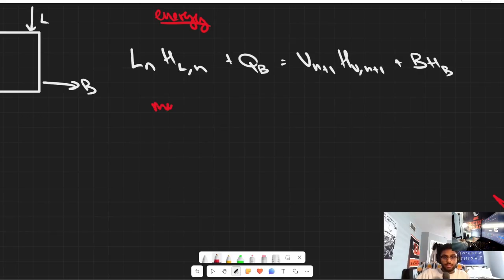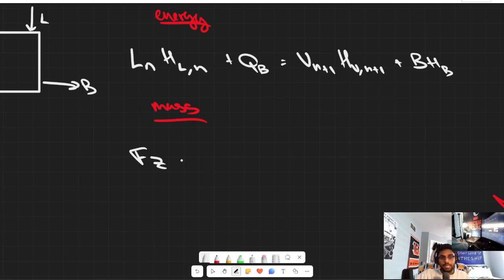The mass balance is very similar. This is going to be analogous to our energy balance, but remember that in that stripping section, we have that feed. And that feed will also have a feed composition, something like a Z, entering our system.